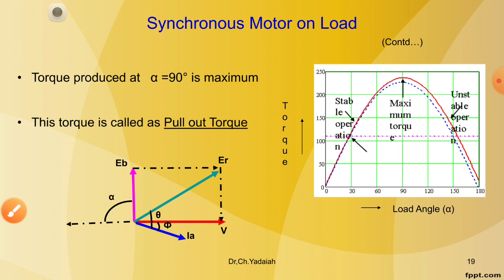This torque is called the pull out torque. The torque produced at alpha equal to 90 degrees is known as the pull out torque. If the load exceeds beyond 90 degrees, the motor stops generating any torque to run.